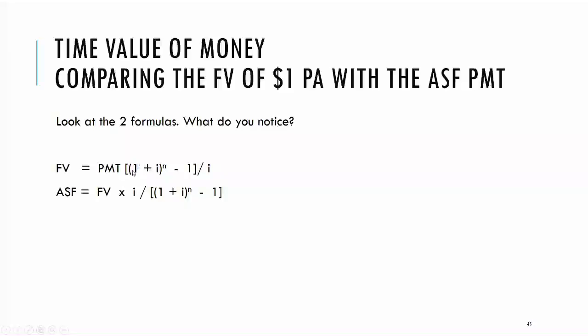See, this part, 1 plus I into the power n minus 1, this whole part is here. So two different wordings, two different meanings, but the same. When you use that in the formula, it works the same way. Annual sinking fund is also an annual payment.